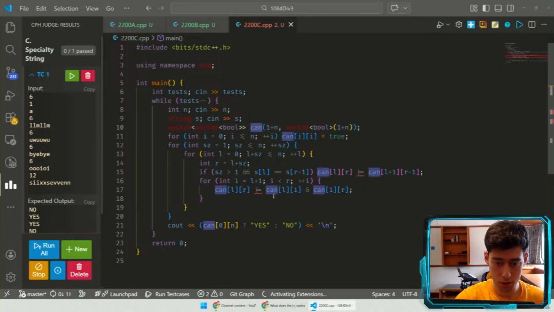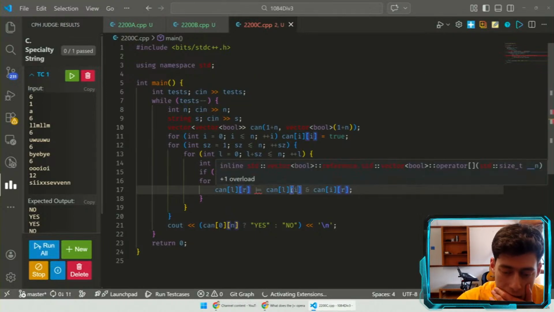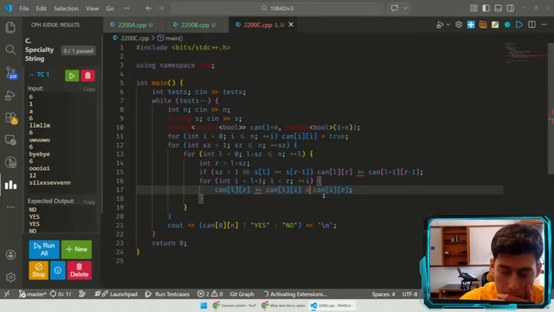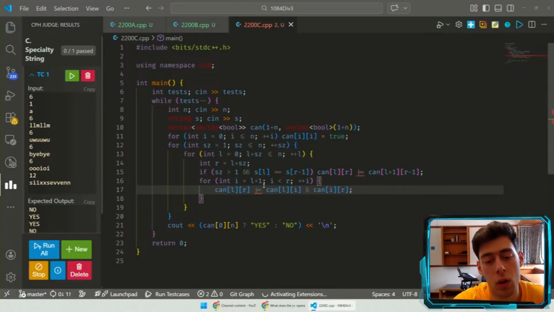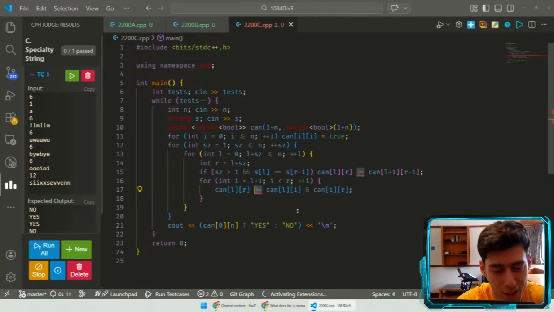Vector reference? What do you mean? Bro, not one of these. What's wrong?